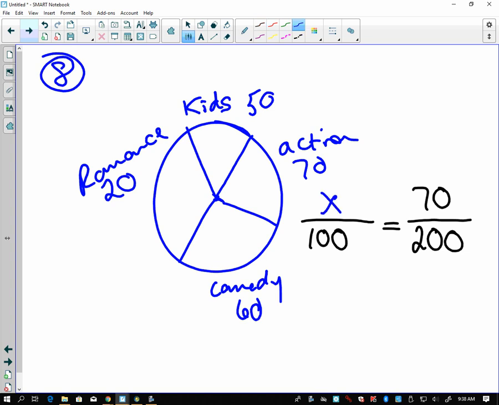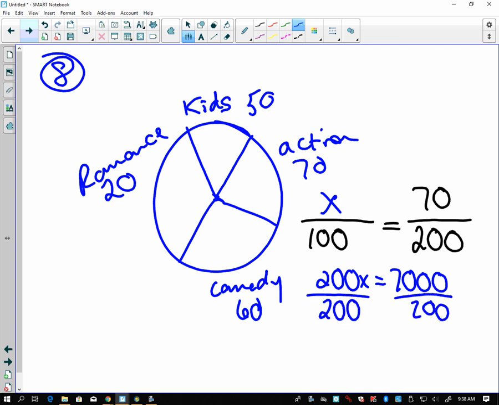Okay. All right, so cross multiply. All right, so we have 200x equals, is that what, 7,000? 7,000? Okay, what are you going to do now? Divide by 200 on both sides.